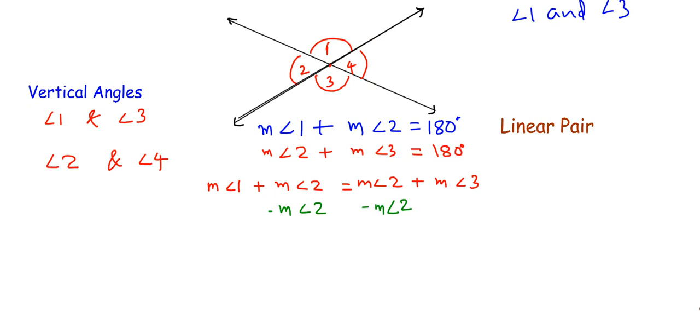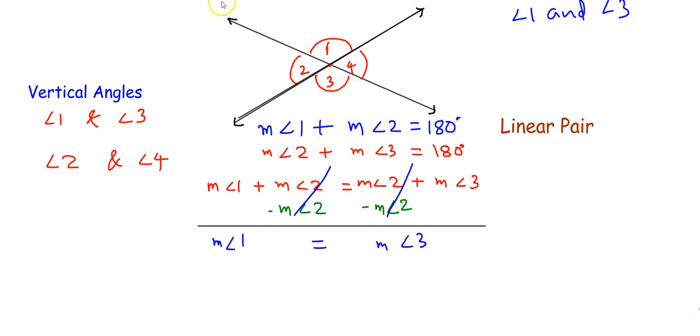On subtracting, I'll get the measure of angle 1, this is cancelled out, is same as the measure of angle 3. Okay, that is these two vertical angles. Angle 1 is same as angle 3.